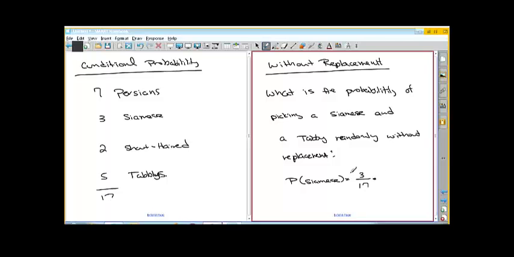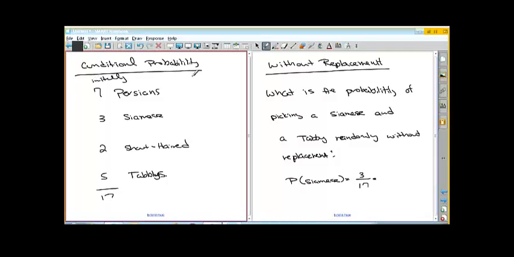Now, when you're doing an "and" kind of thing, meaning you're picking more than one thing, then you multiply the probabilities together. The second choice may be dependent upon what happens for the first choice.